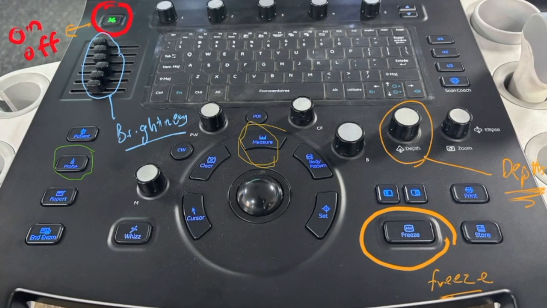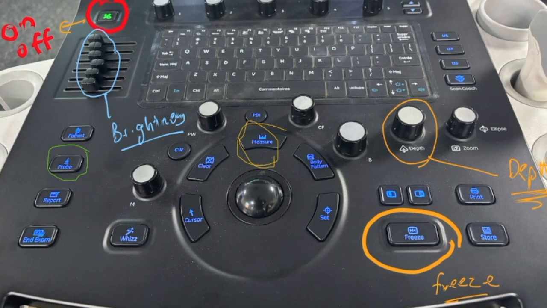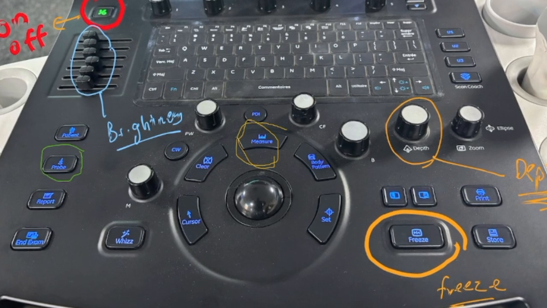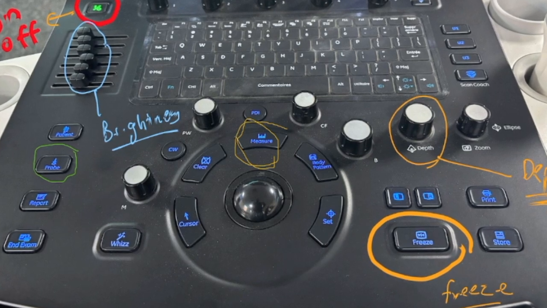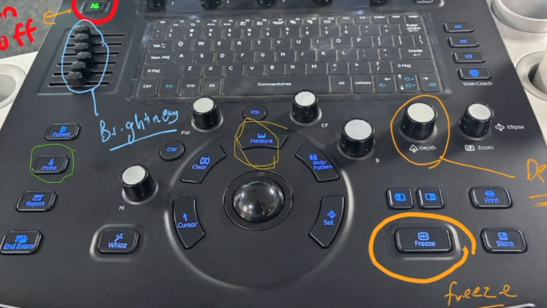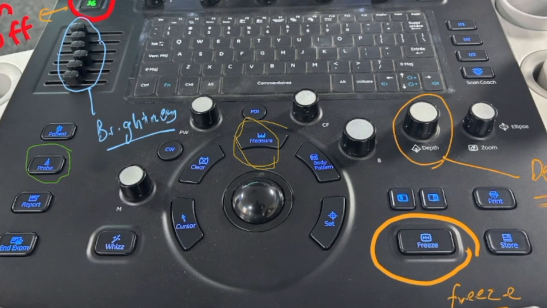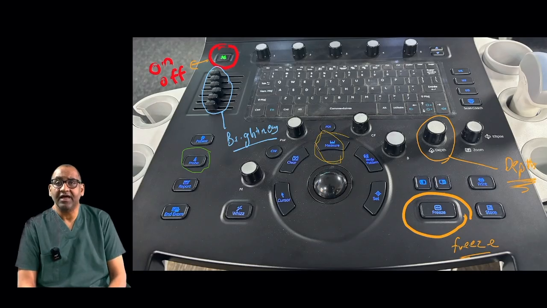Believe me, sometimes you will struggle to find it if you start using a new device for the first time. Other controls, things like the depth and the brightness, are there mainly to help you refine your images and get the best image that you can.